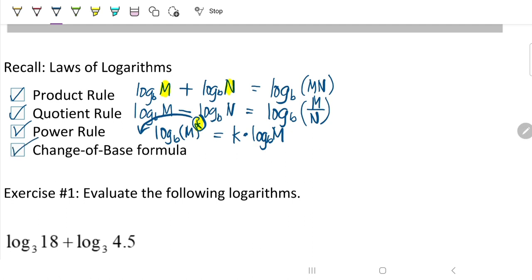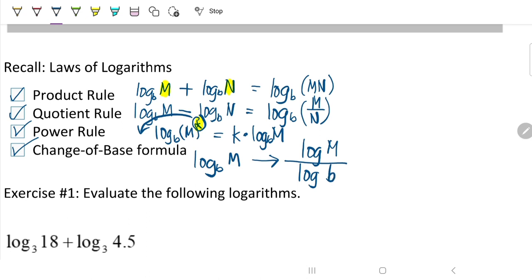And for the change of base formula, let's say I have log base b of m. I can write this as log of m divided by log of b.